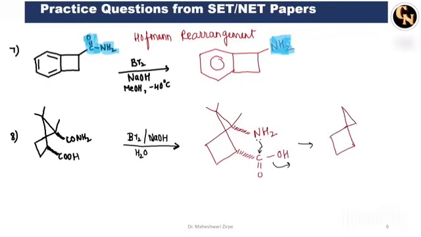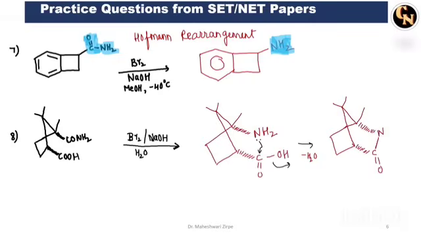You are going to get a product that has NH and C double bond O, and there is a bond between nitrogen and carbon. And the water molecule gets eliminated. So this is how you can further do the reaction.